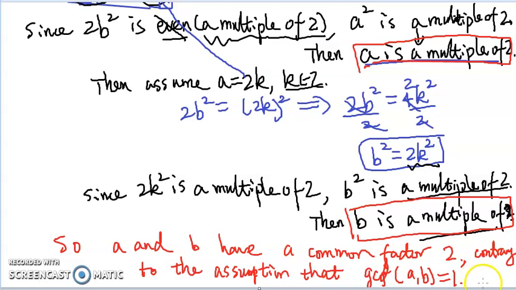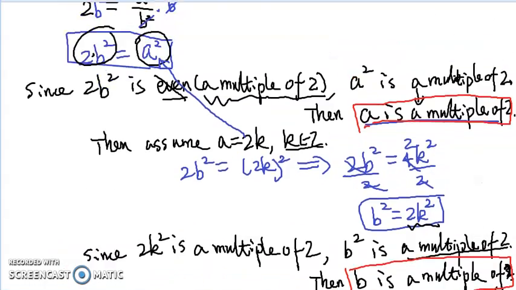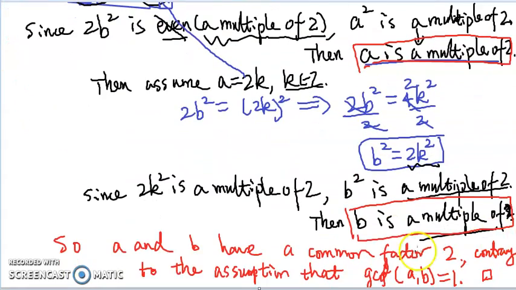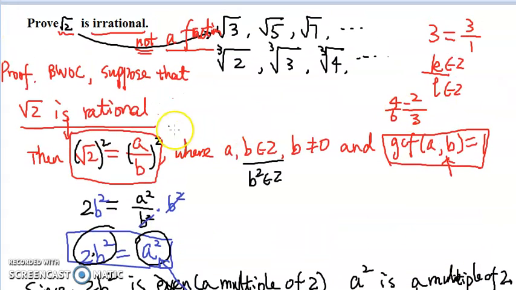When you get a contradiction, you can't stop, because we need to ask how we got it. This contradiction is based on our assumption that square root 2 is rational. Based on this assumption we got a contradiction, which means this is impossible, or in other words, false. If this is false, then the negation has to be true. So we proved square root 2 is irrational indirectly.